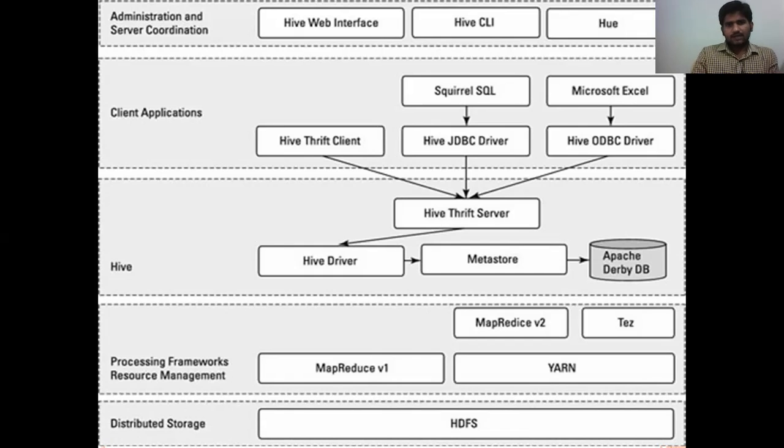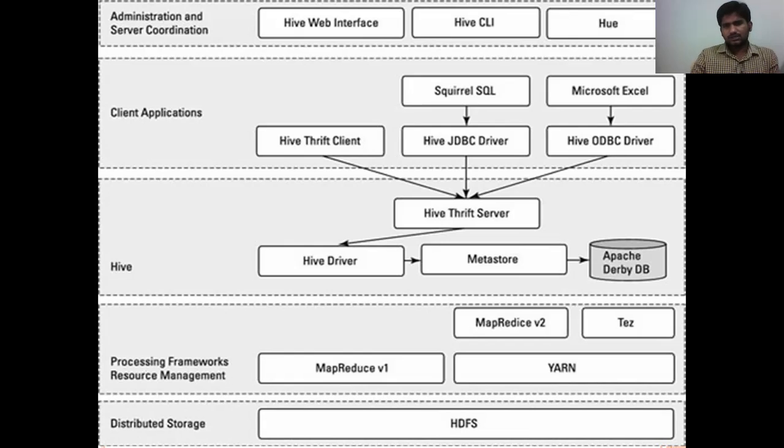There we have client applications, that is, a query tool such as SQL and Microsoft SQL we can use, and Hive Thrift clients, Hive JDBC drivers and Hive ODBC drivers. All those things are there in the client applications.